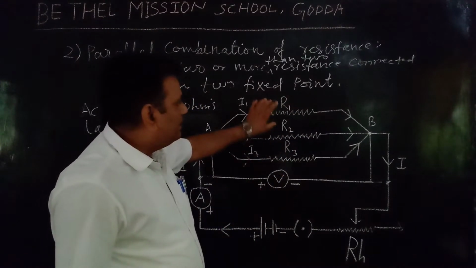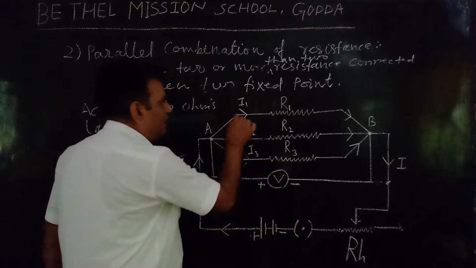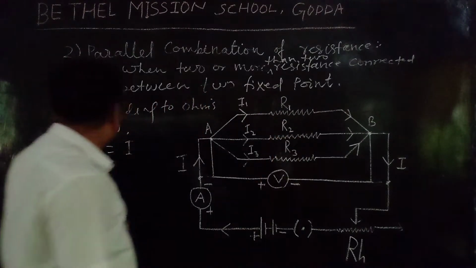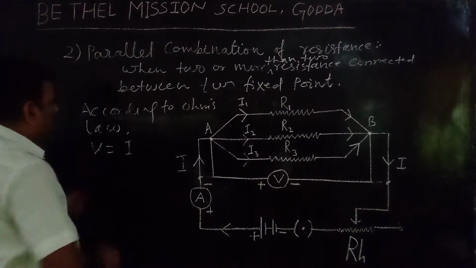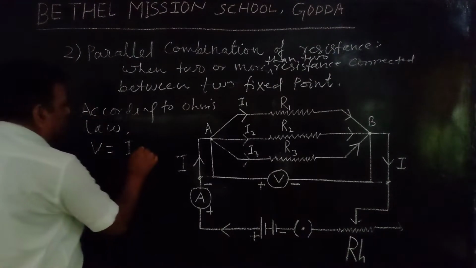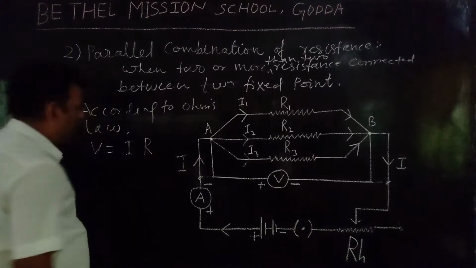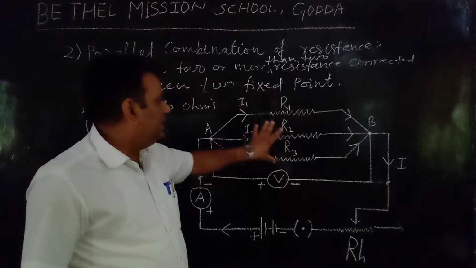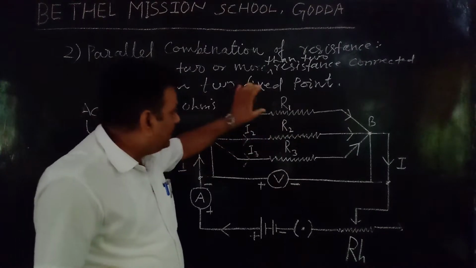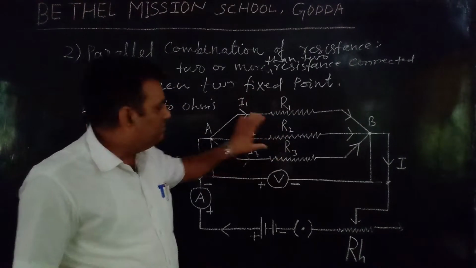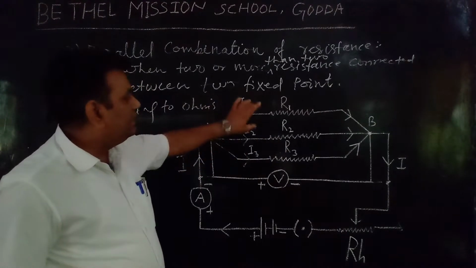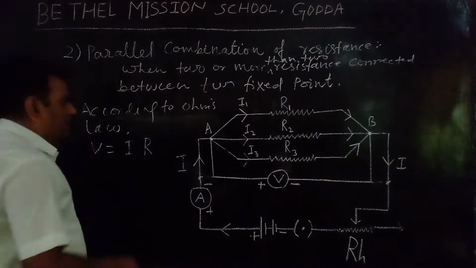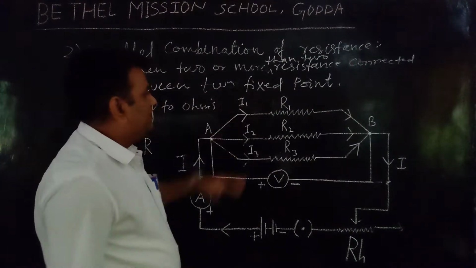All the resistances have different values, so the value of the current through each resistance is different. According to Ohm's law, V equal to IR. The potential difference remains the same for the entire circuit, for all three resistances, but the value of current is different according to the strength of the resistance.